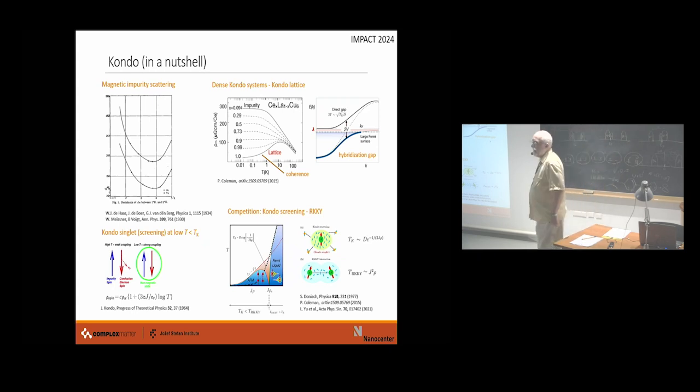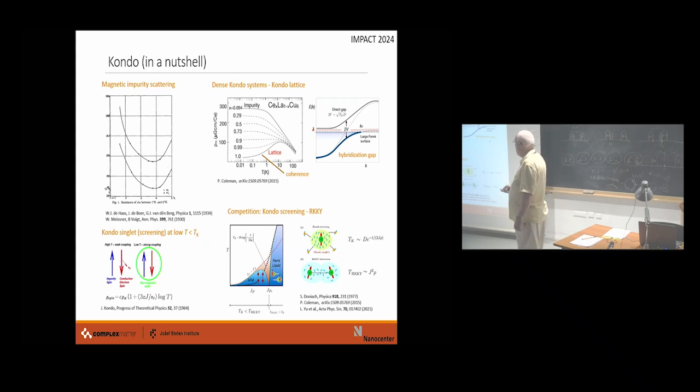So let me start with a brief overview. Most of my knowledge about this effect is here, about Kondo. Some 90 years ago, some well-known persons in physics reported on an increase of resistivity at low temperature in some noble metal samples.